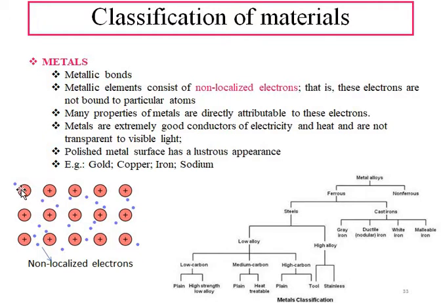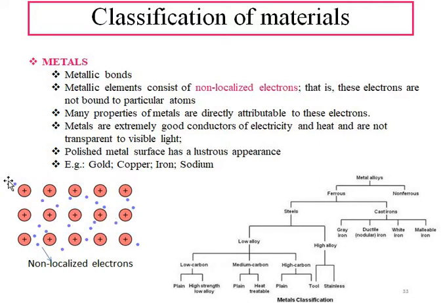So a lot of electrons are there, and they flow throughout the body. This is the peculiarity of metallic bonding. Non-localized free electrons are there, or in another term we call it a sea of electrons, or protons immersed in a sea of electrons.